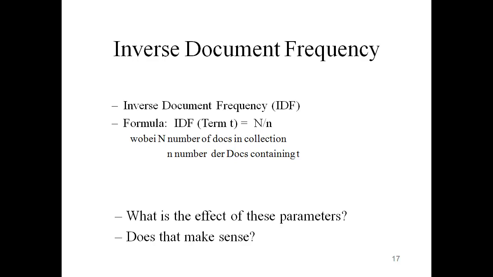If I ask with the word Tisch or Deutschland in a German newspaper collection, it's very frequent in a German newspaper. Doesn't distinguish well, doesn't help me a lot. But if I find a good term, Grexit maybe, or whatever very rare term, that helps me. And if this rare term like Grexit is frequent in the document, even if it appears 10 times, that's very nice.